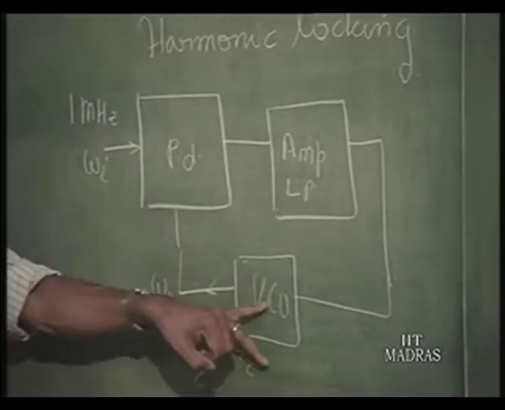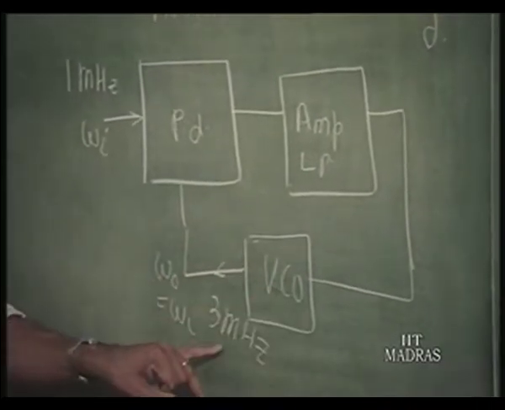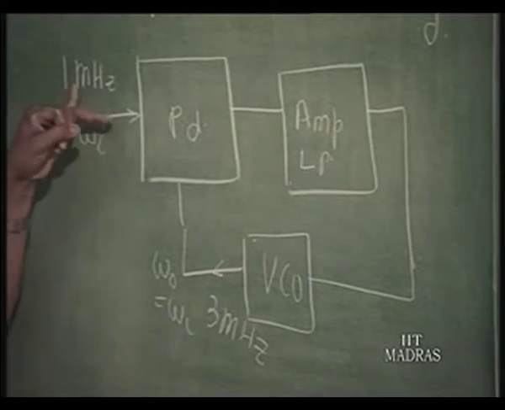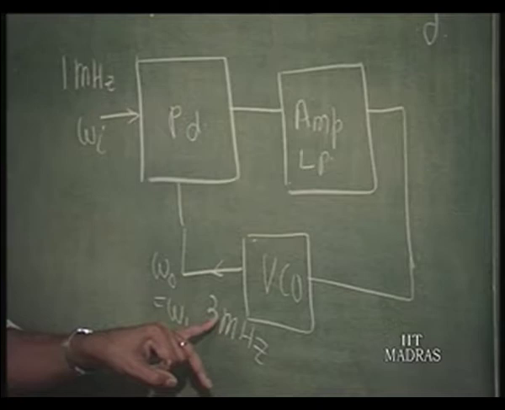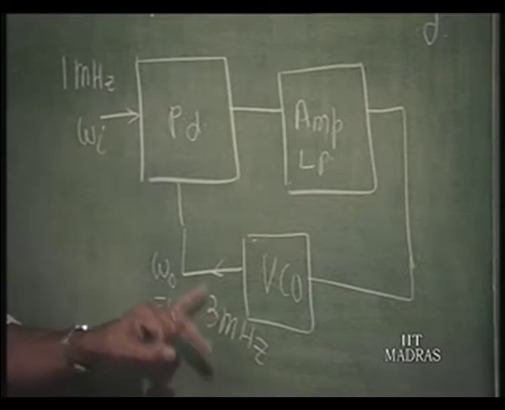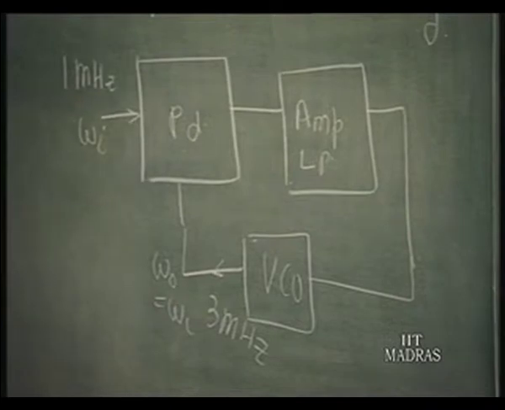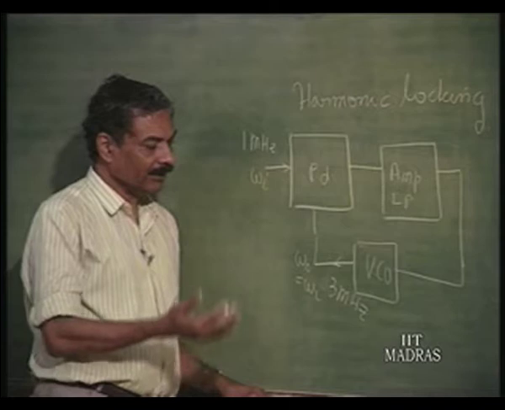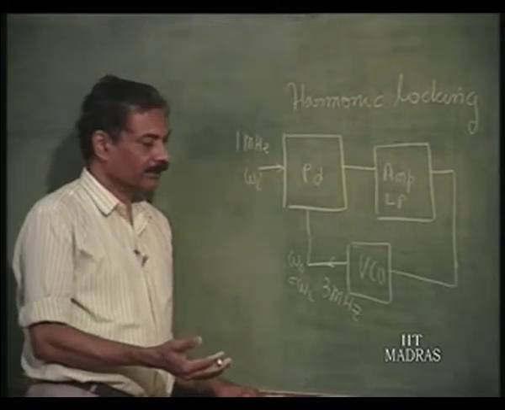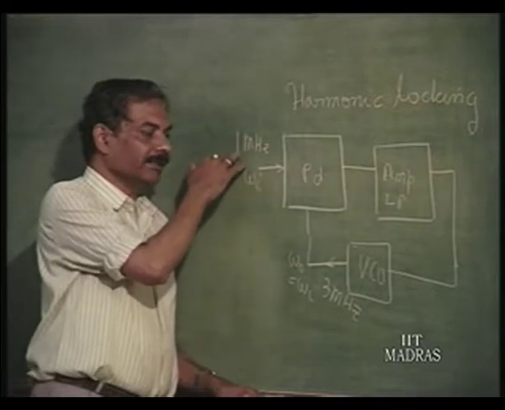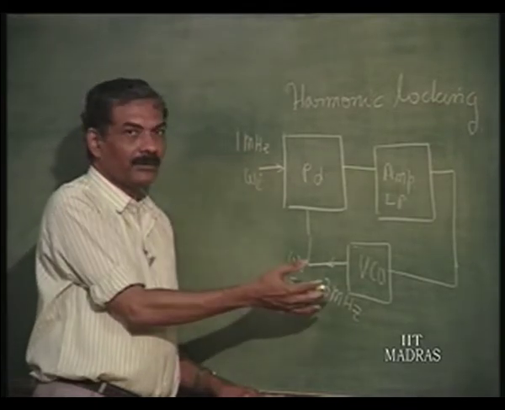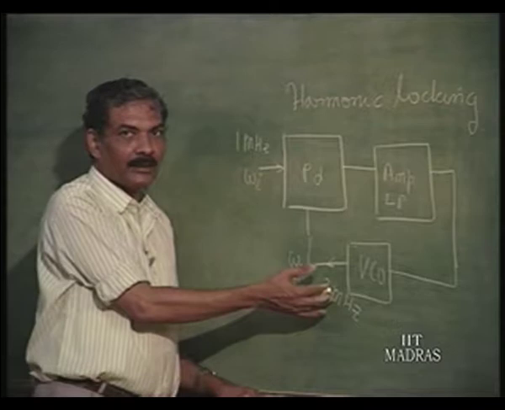Since the VCO has a 3 megahertz component, this 1 megahertz can be locking itself with the 3 megahertz, that is the harmonic of the VCO. Okay. So, this particular thing called harmonic locking also can result in frequency multiplication.